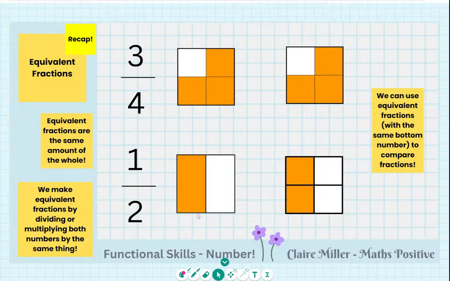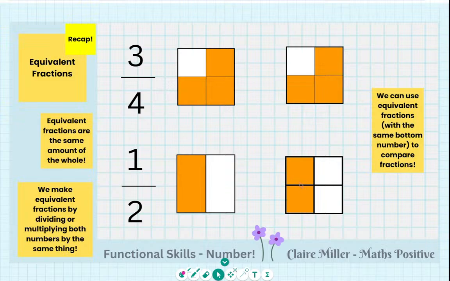So one half is shaded. And you can see that this also looks like a half, right? It's just that we've cut the whole square into four equal pieces this time, and two of them are shaded. So here we've got one half, and here we have 2/4, and they're the same as each other.